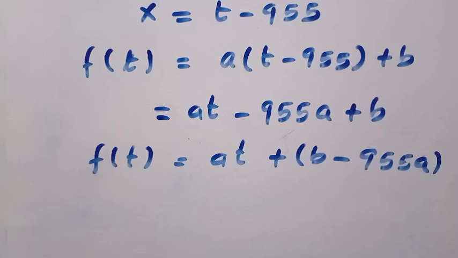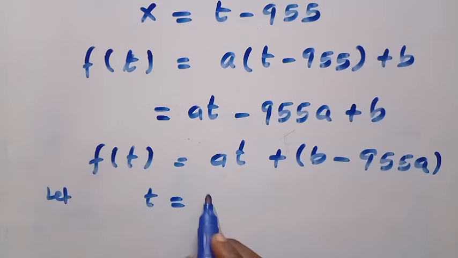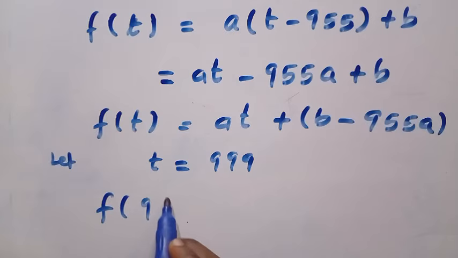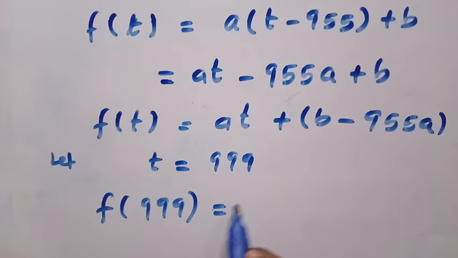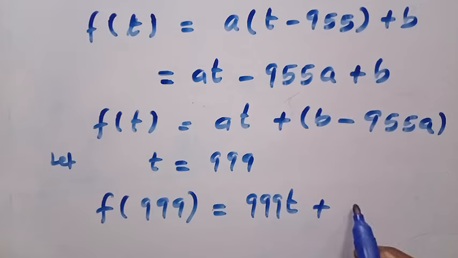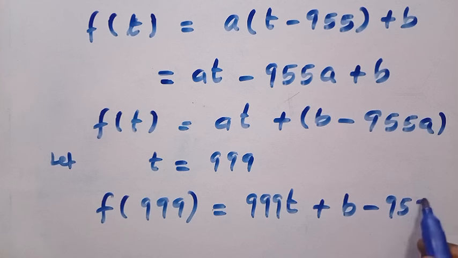Since we have this, we can now let our t equal 999. So we find f of 999. f of 999 equals, anywhere we see t, we replace it. This gives us 999a plus b minus 955a.